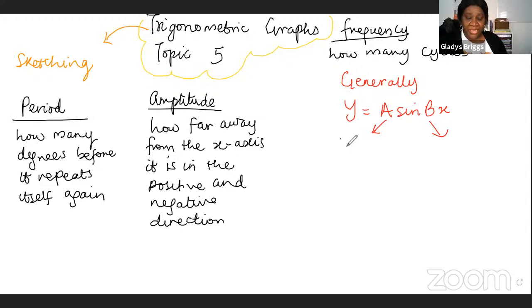A would be the amplitude, how stretched it is up and down. And b would be the period. The period is calculating the degrees. How many degrees before it turns again? So that would be the period.